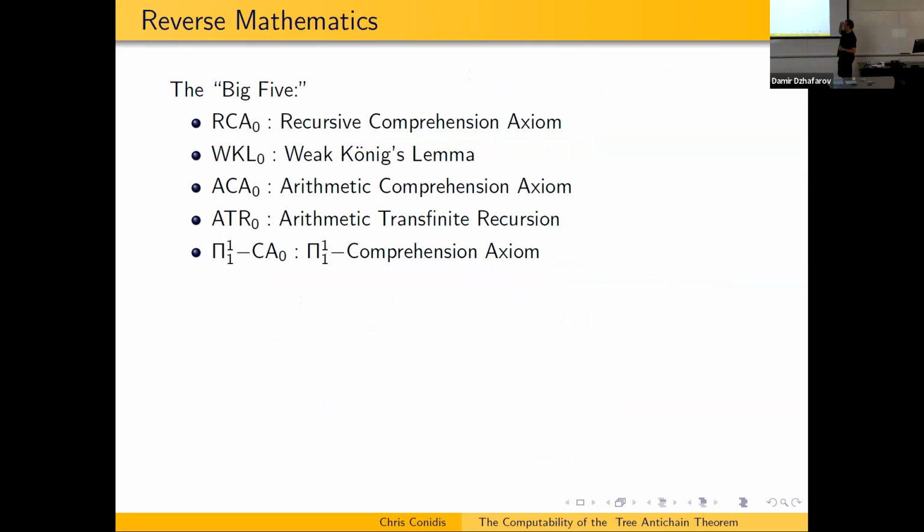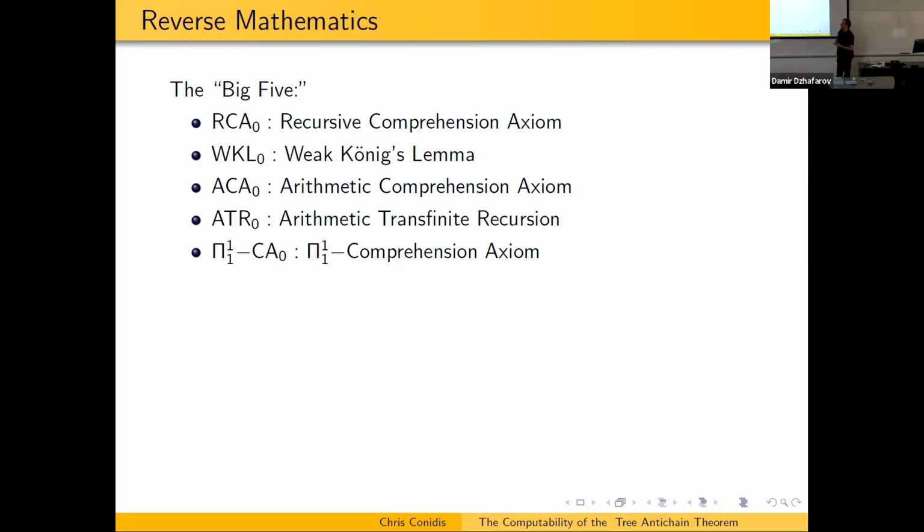So in reverse mathematics, especially in the reverse math of algebra, these big five subsystems of second order arithmetic come up quite a bit. So you start with RCA, and then a little bit stronger than RCA is WKL naught, Konig's lemma. This is something that comes up quite a bit in algebra. Then arithmetic comprehension, that one also comes up quite a bit in the context of commutative algebra.